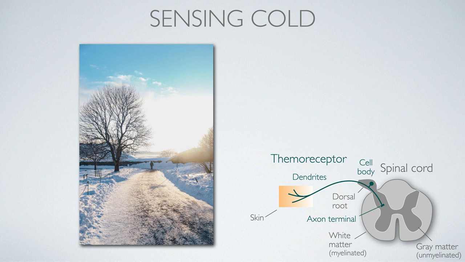So we talked about how myelination of an axon facilitates a rapid propagation of an action potential. It turns out there are unmyelinated axons as well. And in the spinal cord, the difference in color has to do with myelination. So axons that are myelinated reside in the white matter, and the gray matter has unmyelinated axons.